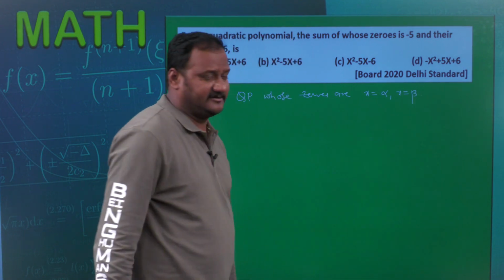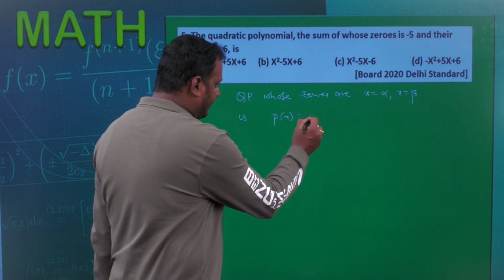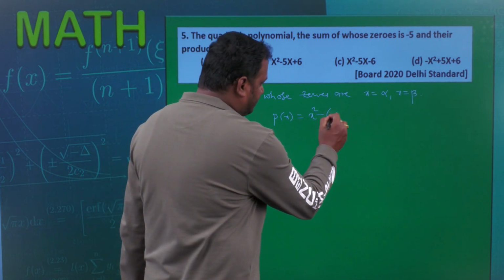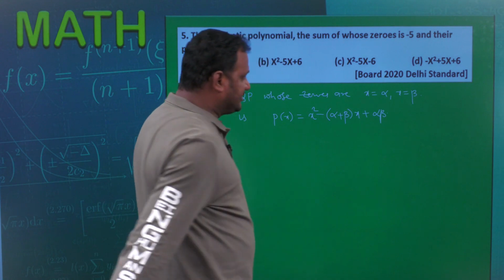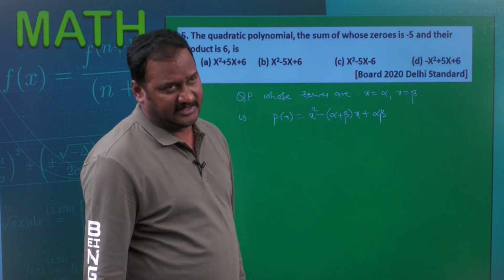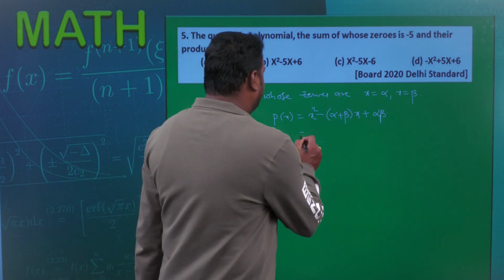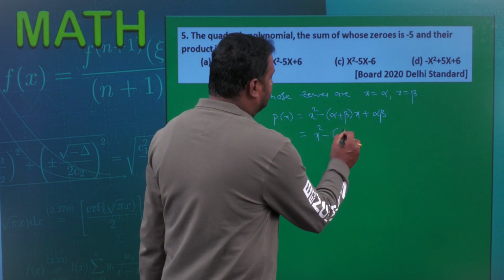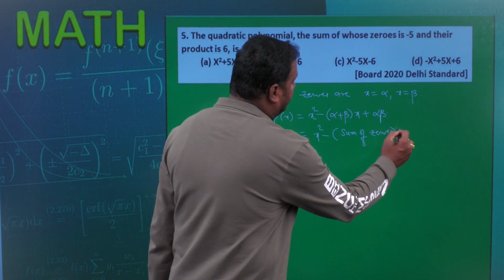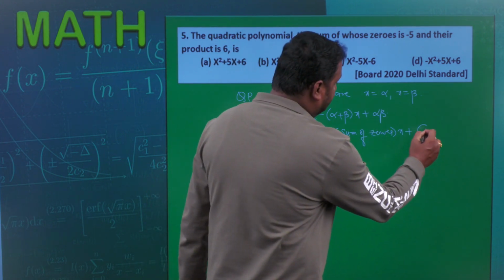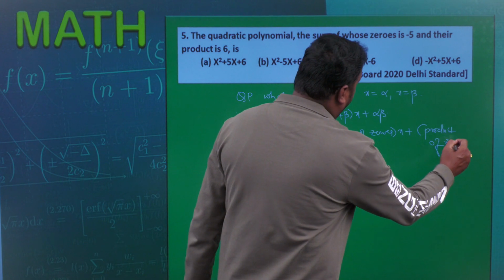Suppose there are 2 zeros given, then the quadratic polynomial is p of x is equal to x square minus of alpha plus beta times x plus alpha into beta. This is the quadratic polynomial whose zeros are given. Please do remember this. And you can even remember this as x square minus sum of zeros, because alpha plus beta means sum, right? So sum of zeros times x plus alpha into beta, which is nothing but the product of zeros.